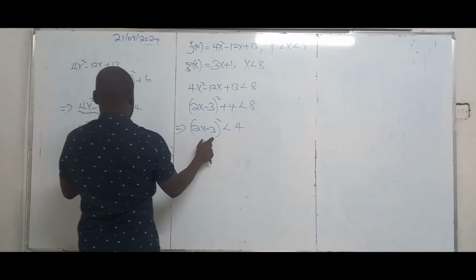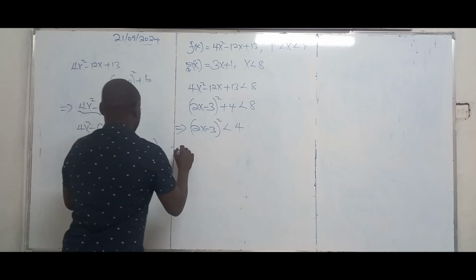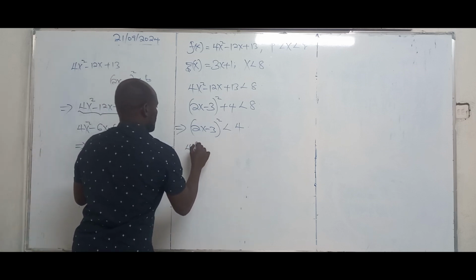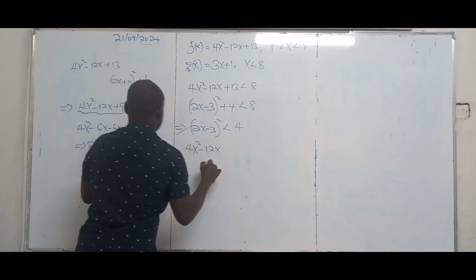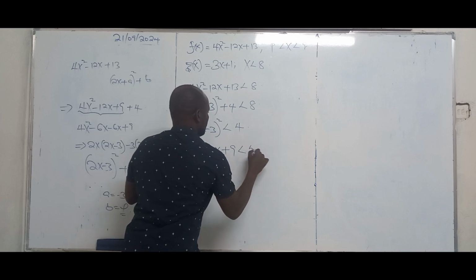But we know the expansion of this. When we expand this, we end up with 4x squared minus 12x plus 9 is now less than 4.